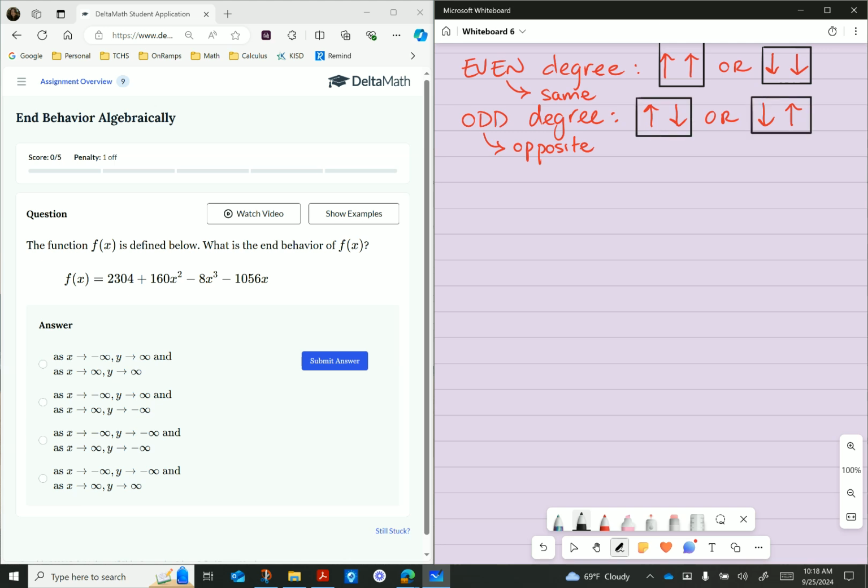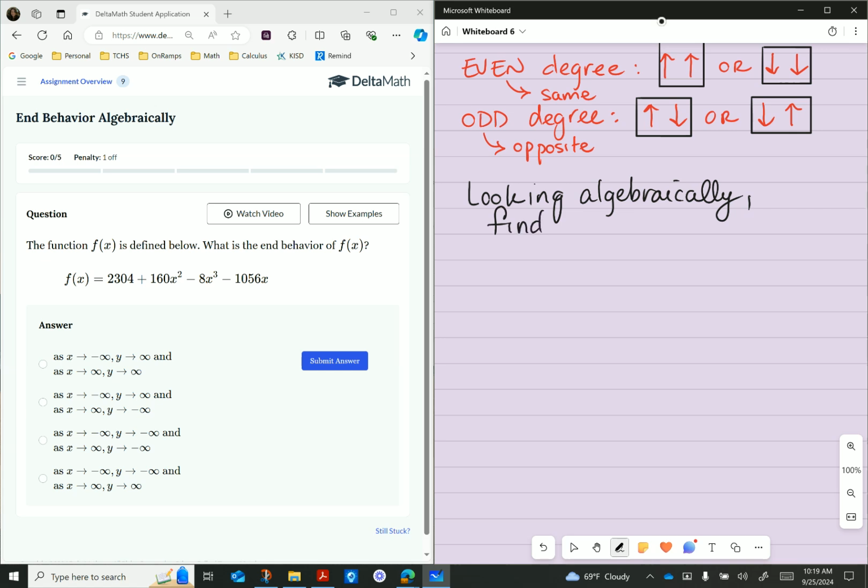So the first thing you always need to do when looking at an algebraic equation is look at the degree. You are going to find the degree of the polynomial. If you have forgotten what degree means, it is the highest power, or exponent, of your polynomial.